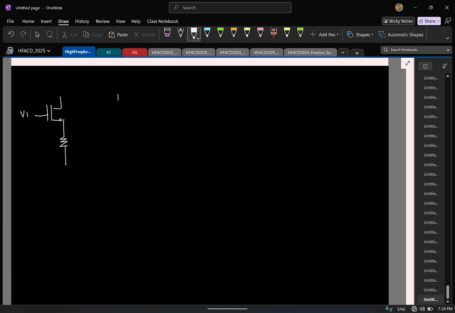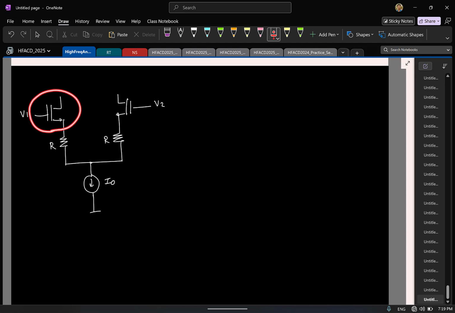You apply half of the input there, the other half of the input here, and have the tail current source. Let's call this R and R. In my old arrangement, the voltage to current conversion was done by the GM of this transistor. Now that is replaced by this structure.